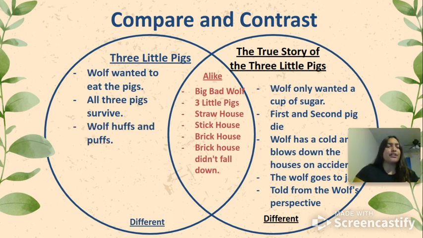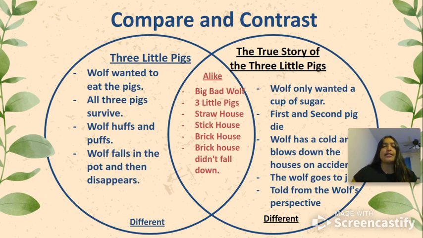Yeah, so in the story that we read yesterday, the wolf huffs and puffs on purpose. And like we said, the wolf falls in the pot of boiling water and then he disappears and the pigs live happily ever after. And in the story that we read yesterday, it's told from the Three Little Pigs' perspective.